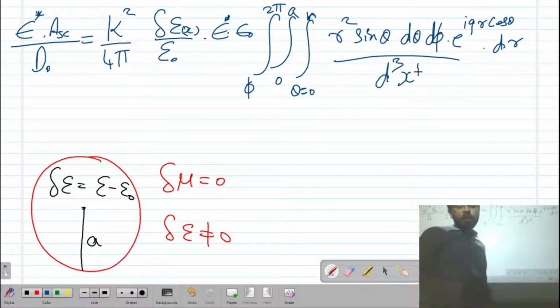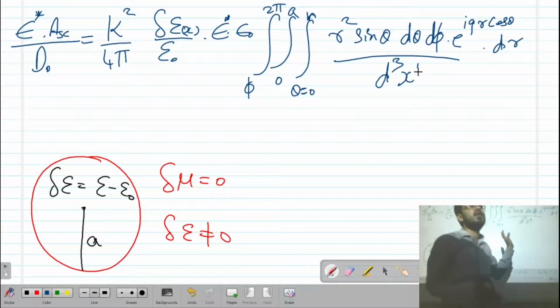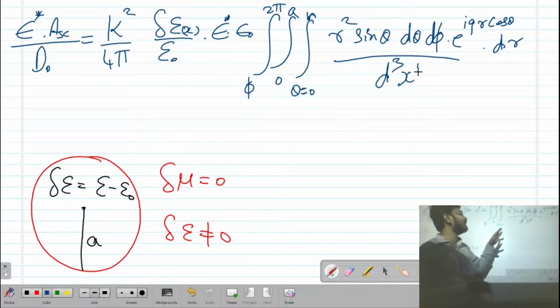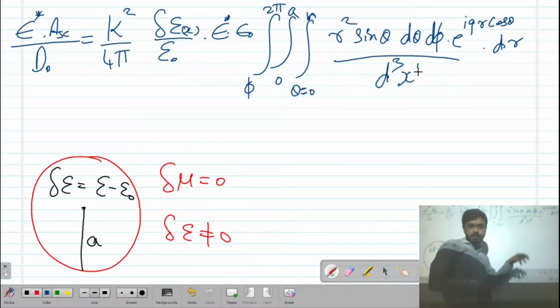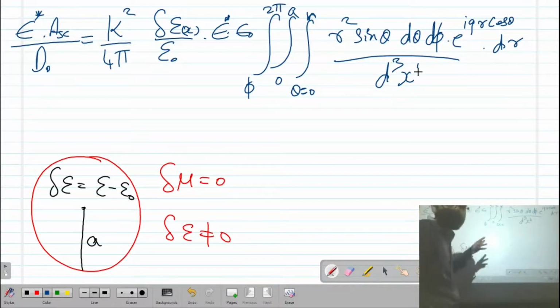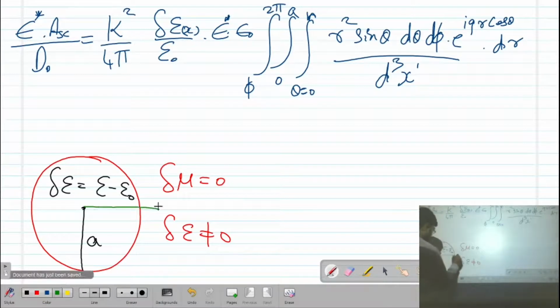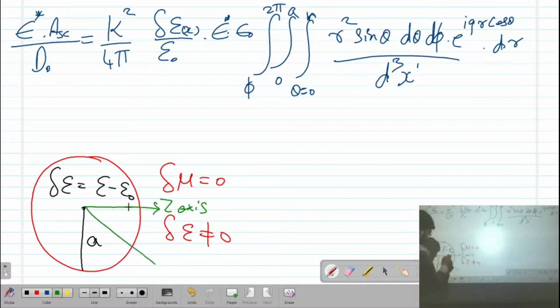Don't get confused because some of the steps we may not have considered over here: sin theta d theta and phi are with respect to spherical coordinates, and r square sin theta is derived from spherical coordinates. Let me explain. This is the z axis, and this may be the theta.